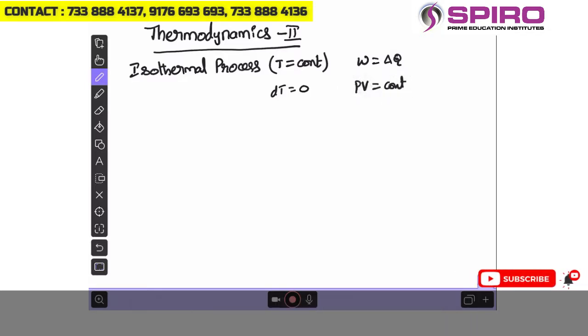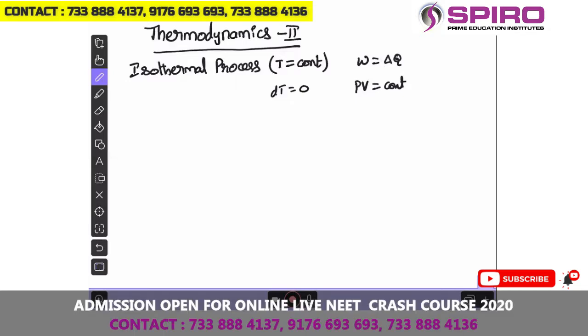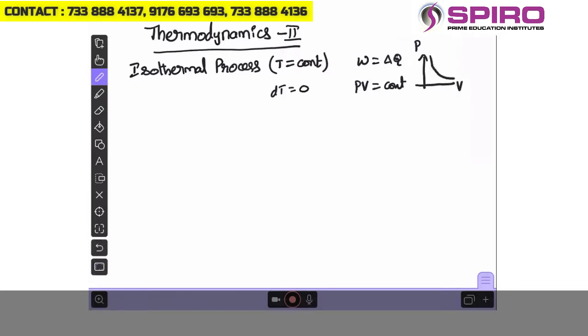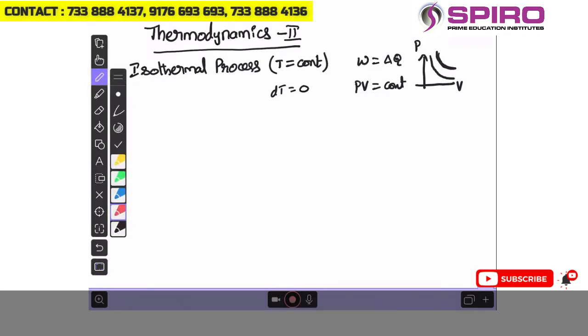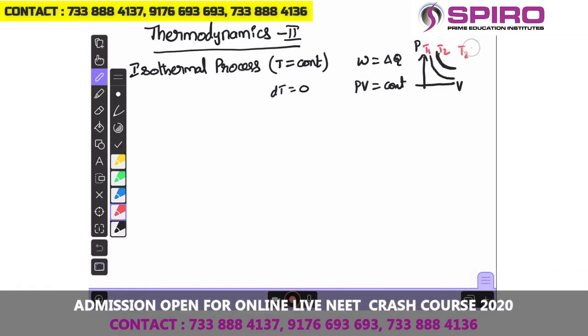The indicator diagram for the isothermal process, the PV graph, is a rectangular hyperbola between pressure and volume. If the temperature is increased and kept constant at a higher temperature, then the graph comes like this. The two graphs are obtained at temperatures T1 and T2, provided T2 is greater than T1.